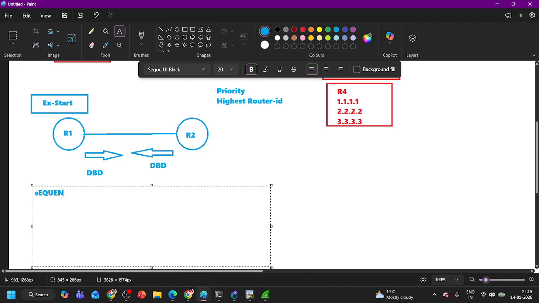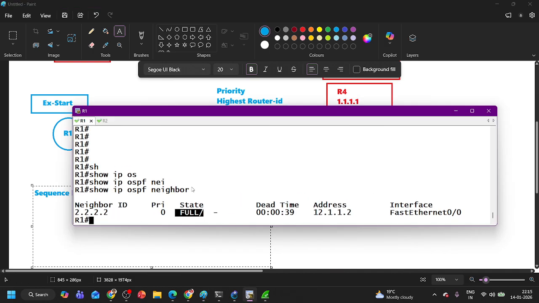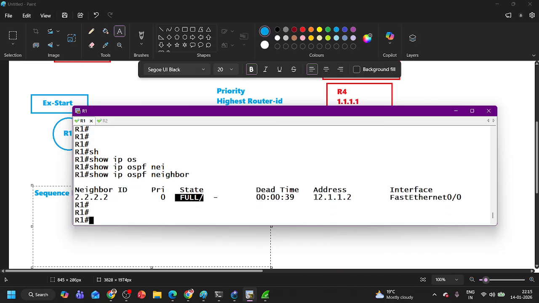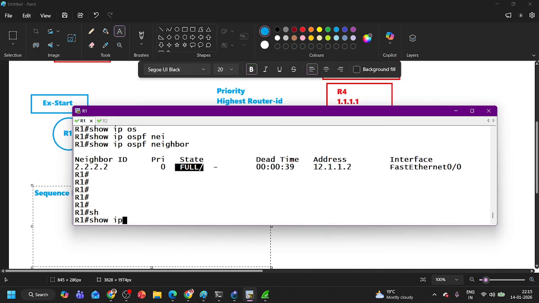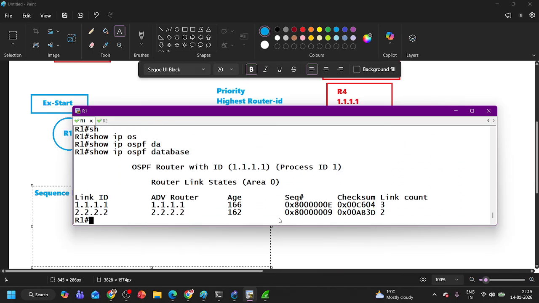Routers will exchange sequence number here. On the router, you can check the sequence number. So show IP OSPF database, you can see the sequence number here.